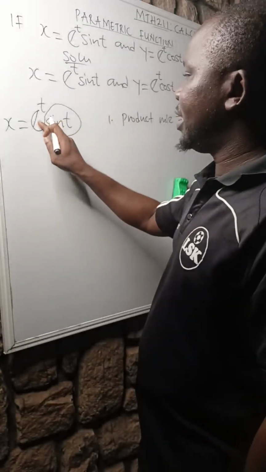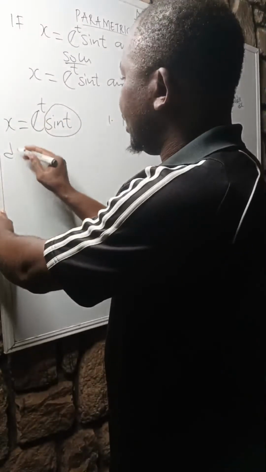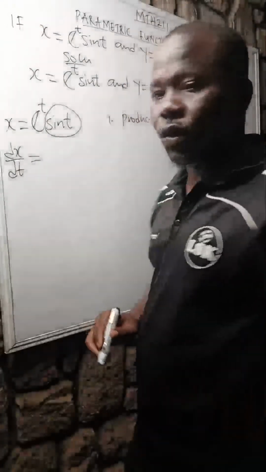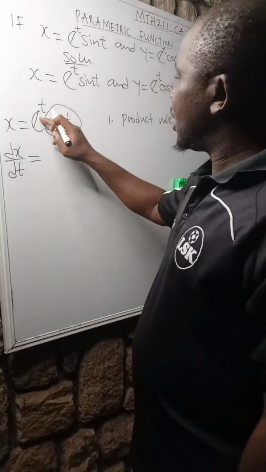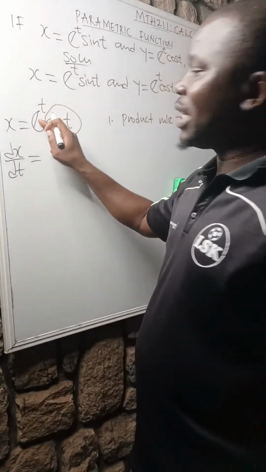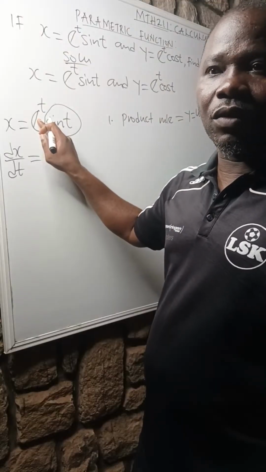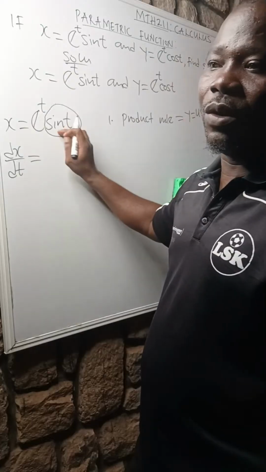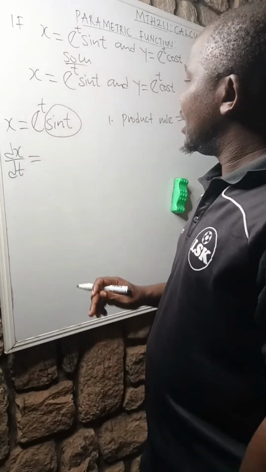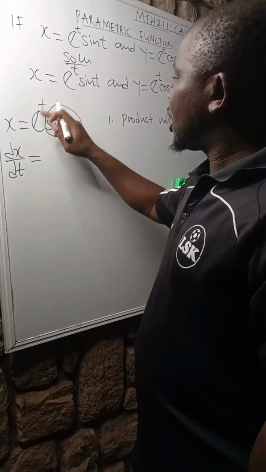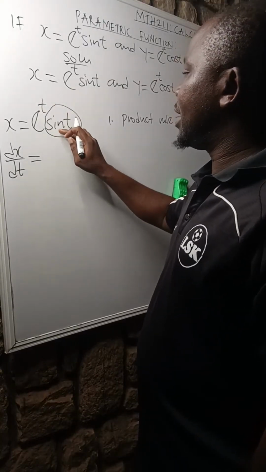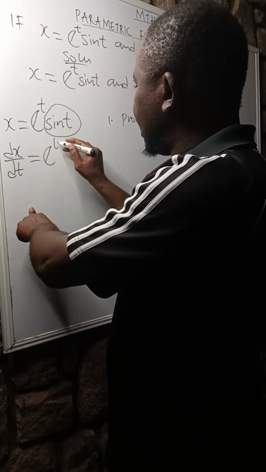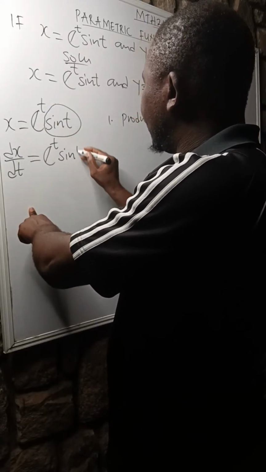If we differentiate this, our dx over dt will be equal to, if we differentiate exponential t, we still get exponential t, true or false? Then use it to multiply this one that you said you hold as a constant. It means exponential t times sine t, right? So it will still give you back exponential t sine t.